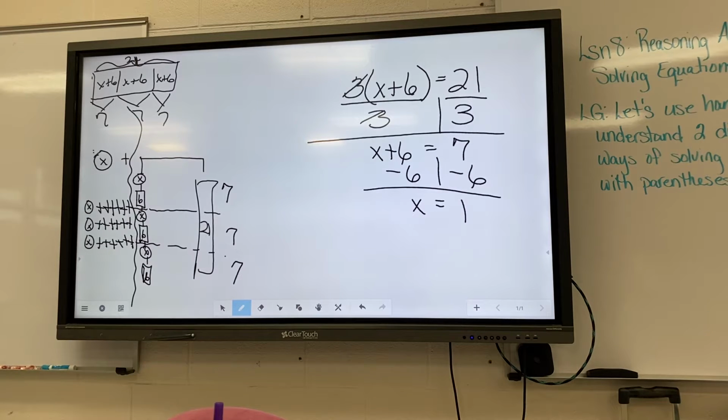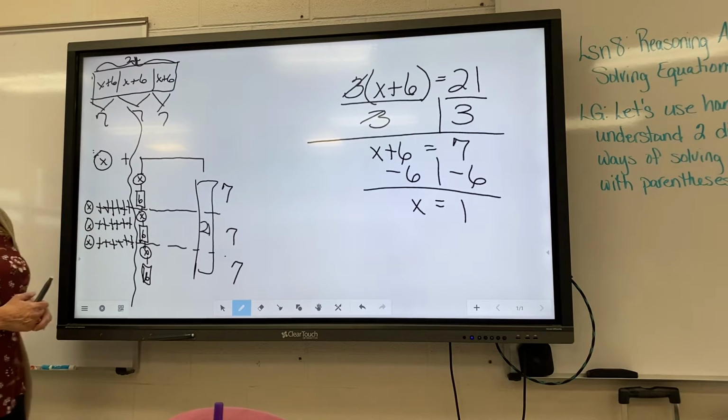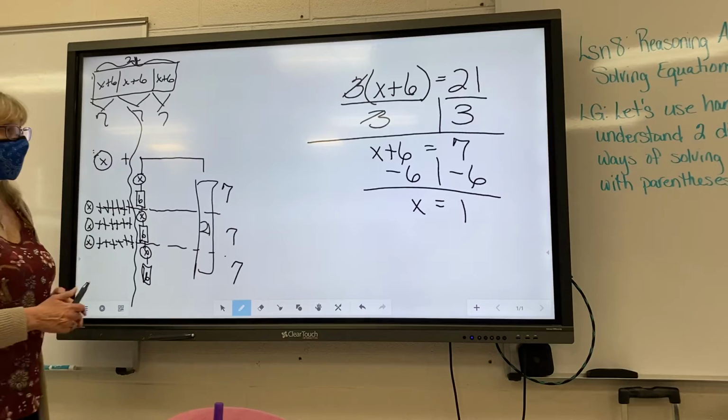That's my expectation of what work looks like. If I don't see work, you don't get credit. So either take a picture or write it down, I don't care. That's using division first when there's parentheses.